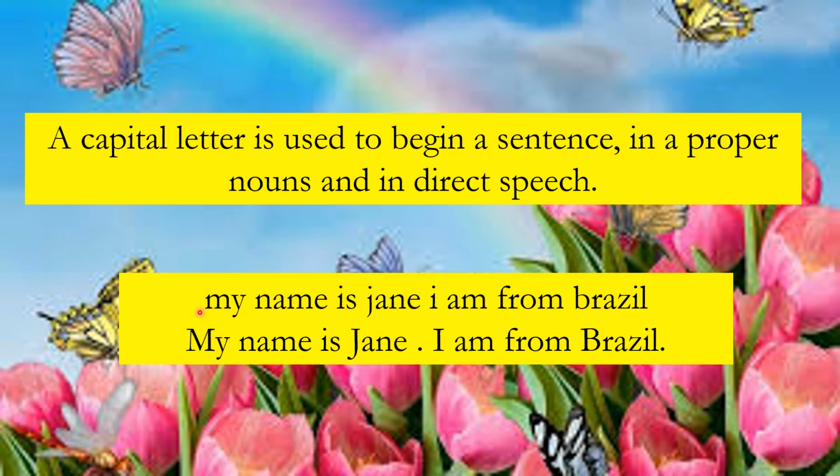My M is the beginning, so you use the capital letter M. Jane is a name, a proper noun, so use capital J. I, because it's the beginning of the sentence, and Brazil is a place, which is a proper noun, so use the capital letter. So Jane, I, and also Brazil. Okay, so now we have six symbols that you use in your writing.